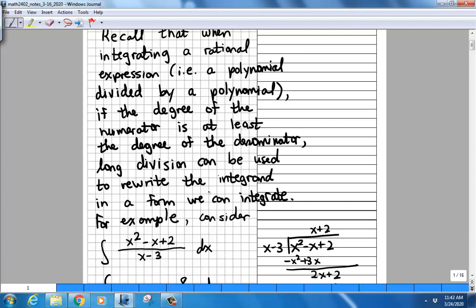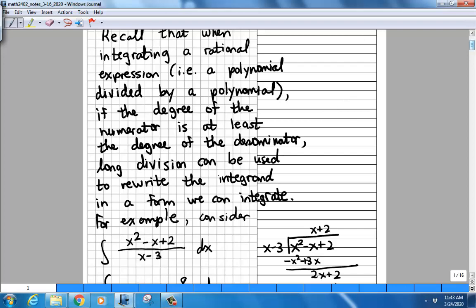Let me remind you of one of the techniques. We've learned 2 or 3 techniques for integrating rational expressions. Remember, when the degree of the numerator is bigger than the degree of the denominator, one thing that we learned to do before was long division.